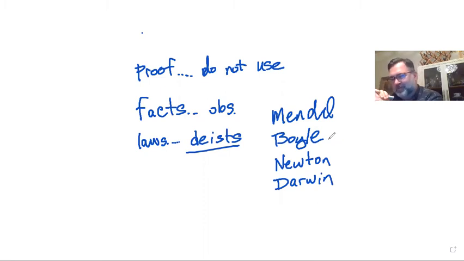Okay, usually we would call it the mechanism of inheritance or whatever. Okay, we just don't call them laws anymore. Actually, I'd be interested to know when the last law was created that we use. Ohm's law? I don't think it was Ohm's law.